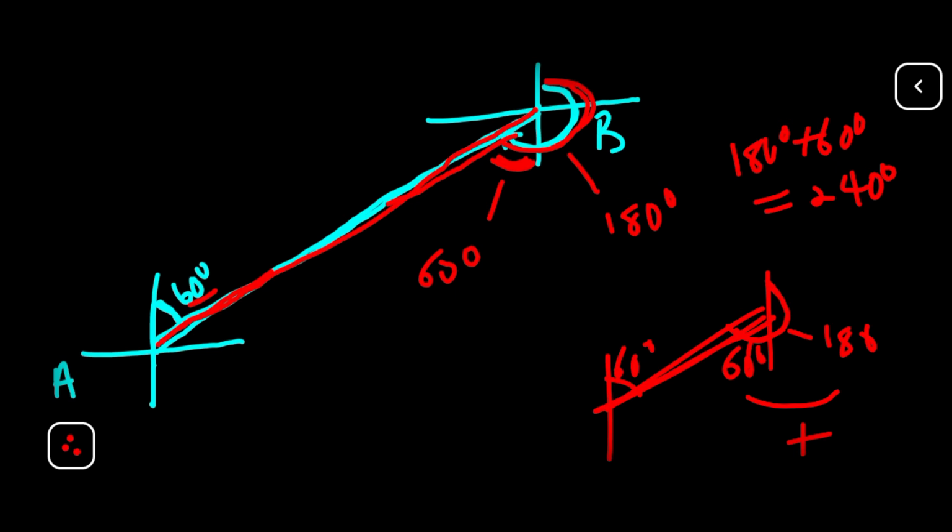And you remember your alternate angles in order to add to this 180, and it gives you the total amount in degrees that gives you this line.